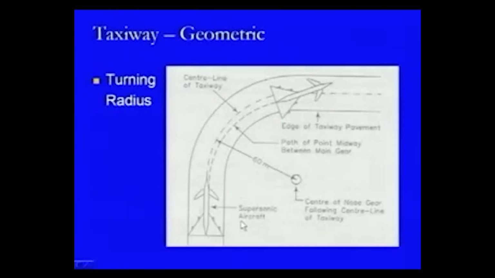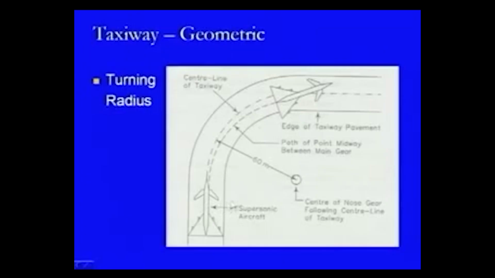So, this turning radius, this is how we define it here in this diagram. There is, say, a supersonic aircraft, meaning an aircraft which is coming at a much larger speed as compared to the normal conditions, and we have this center line condition.